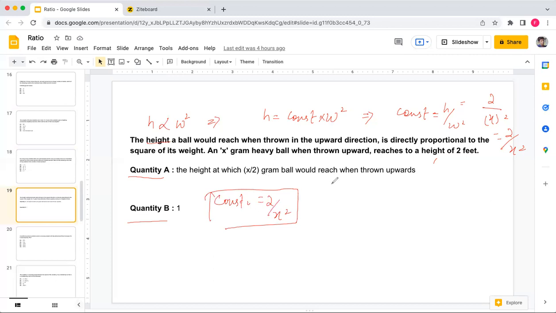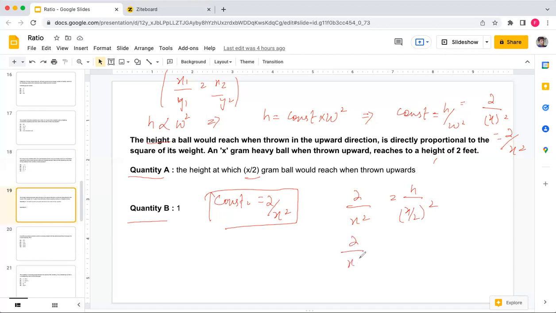I told you earlier that when we have the same values and we have direct relation, we can write this as x1 over y1 is equal to x2 over y2, right? Likewise, we have 2 over x square here as constant, and based on this, what is the height which we need to find now, and what is the weight here? This is x by 2 square, right?